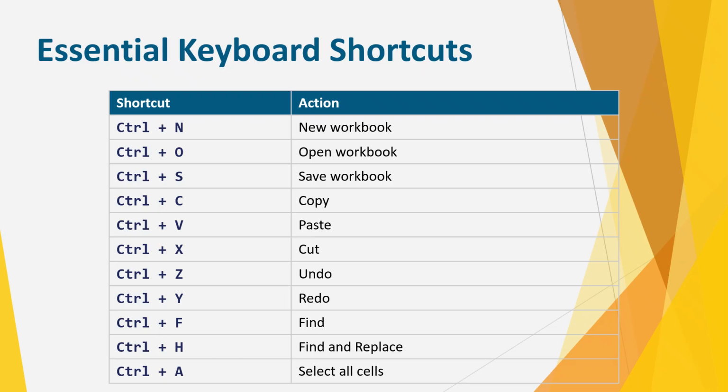So these are some shortcuts that we need to get used to. Control N is to open a new workbook, Control O to open a workbook, Control S to save, as I said before. Control C to copy, Control V to paste.